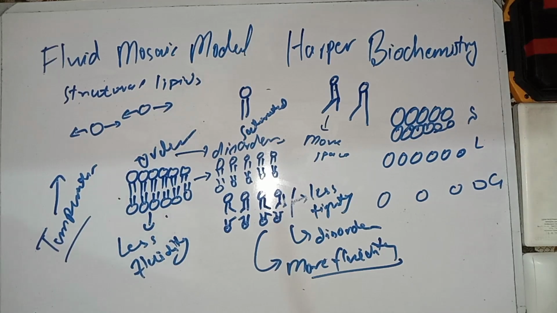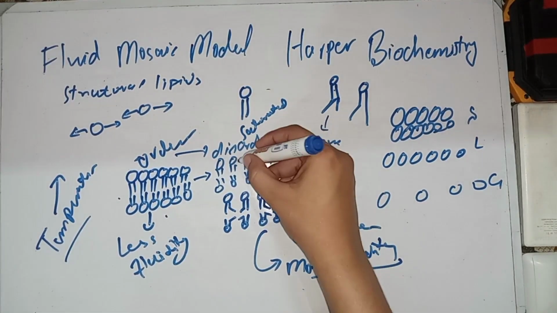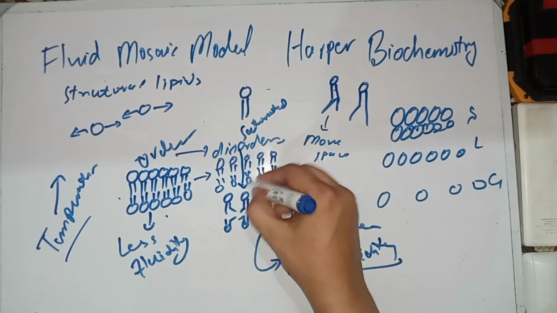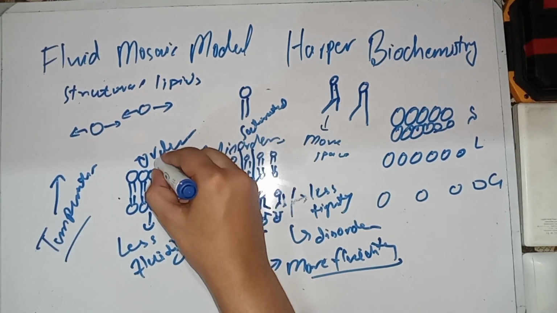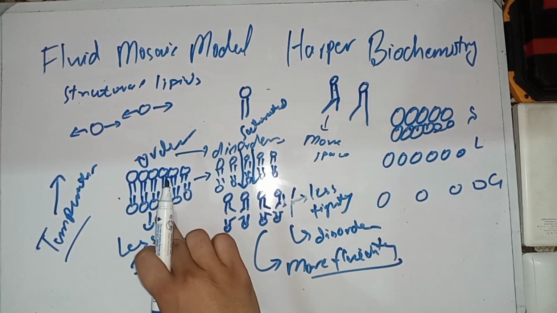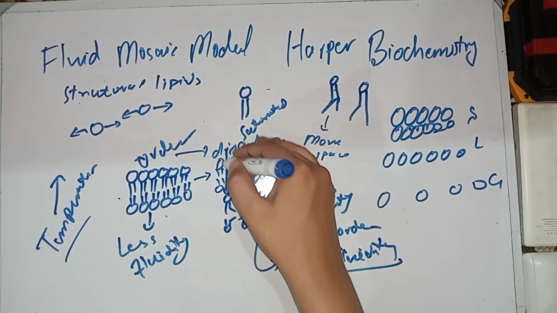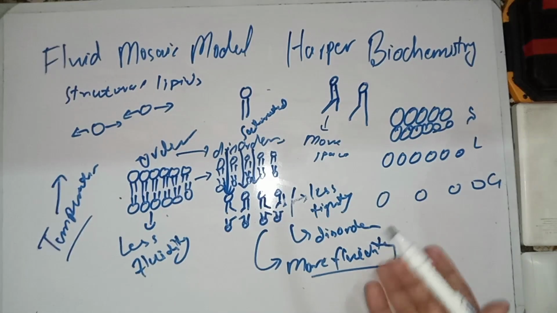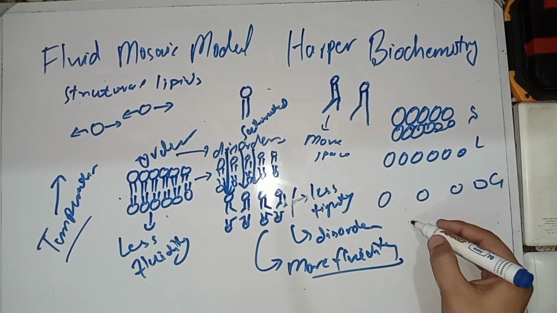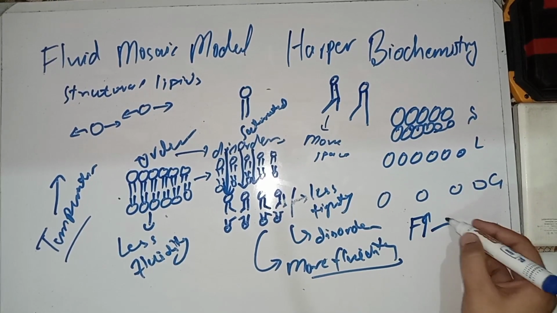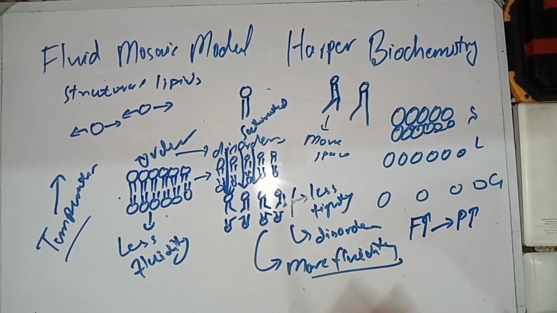Moreover, it is concerned with the permeability of the membrane. When fluidity increases, spaces are created. These spaces allow the passage of materials. In the ordered state, the space for passage of material is less, but when the lipids have moved away, the space has increased. So when fluidity increases, it increases the permeability of the lipid bilayer.